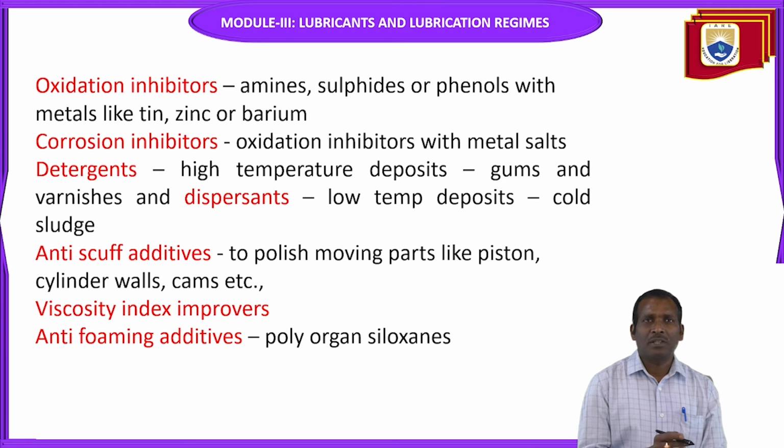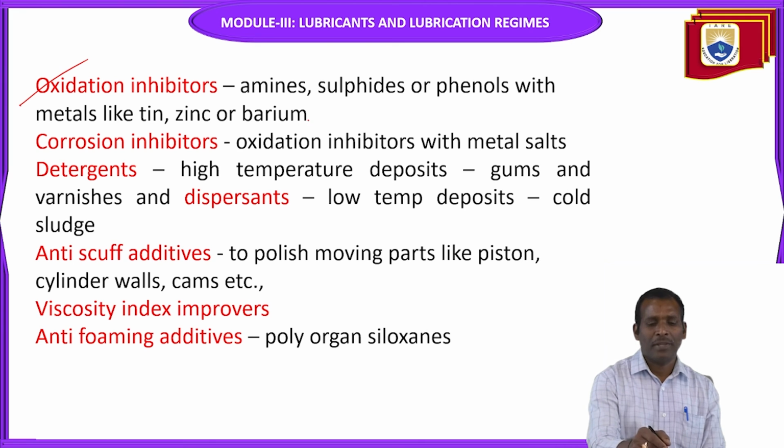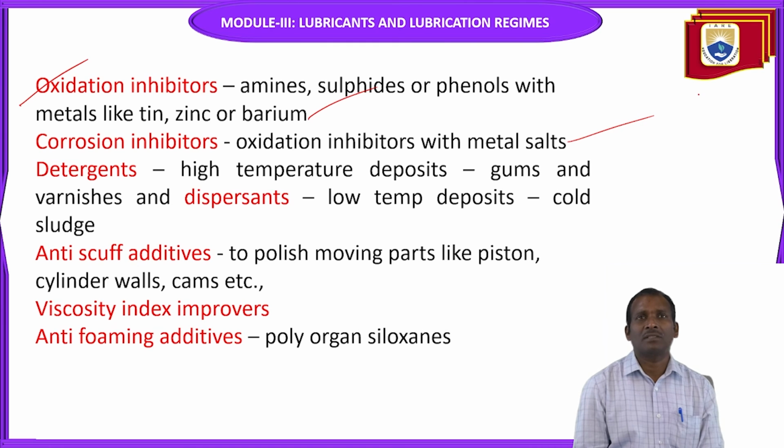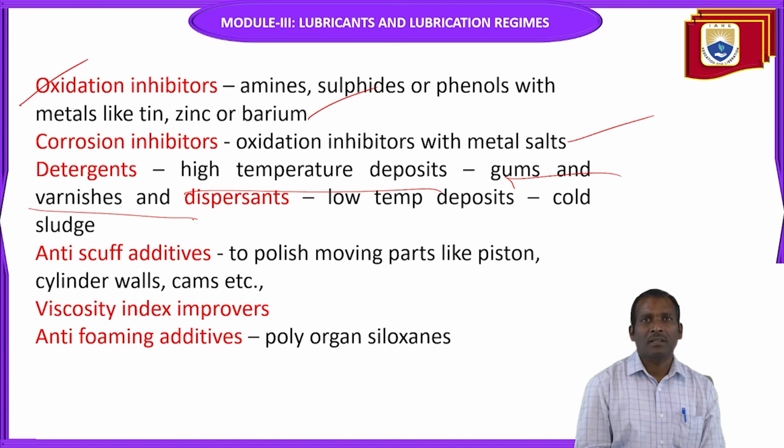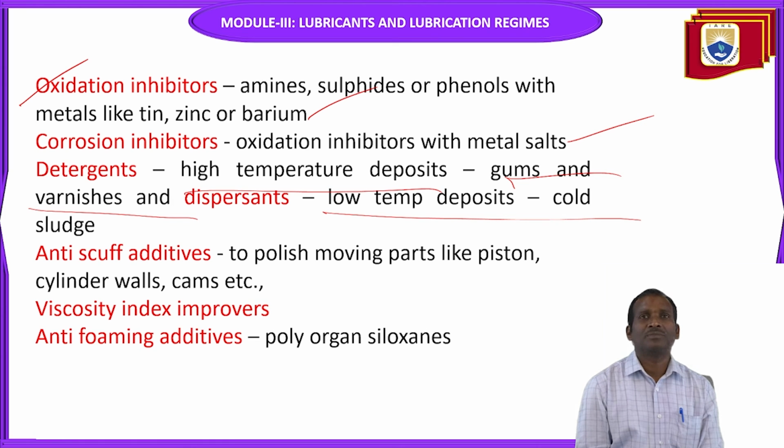Some additives are given here: oxidation inhibitors, amines, sulfides, phenols with metals like tin, zinc, or barium. Corrosion inhibitors, oxidation inhibitors with metal salts. Detergents for high temperature deposits, gums, and varnishes, and dispersants for low temperature deposits and cold sludge. Anti-scuff additives to polish moving parts like piston, cylinder walls, and cams.